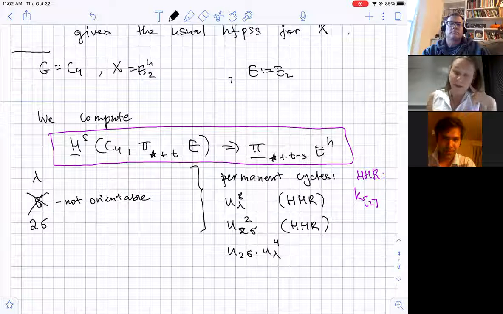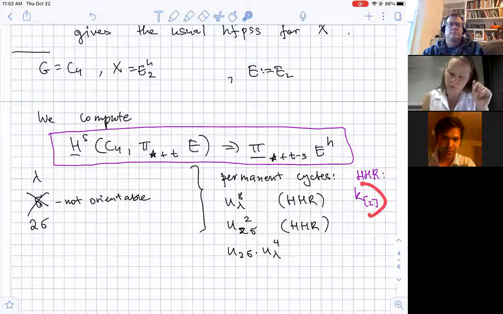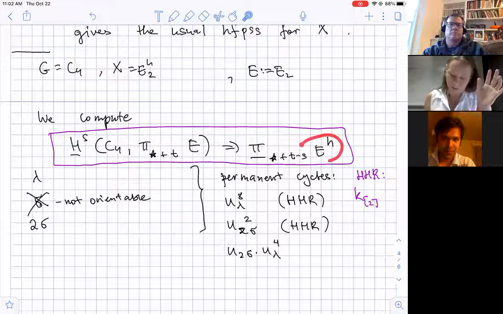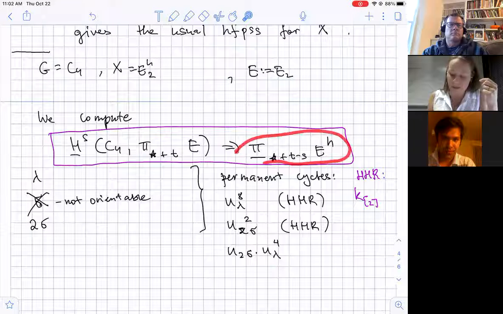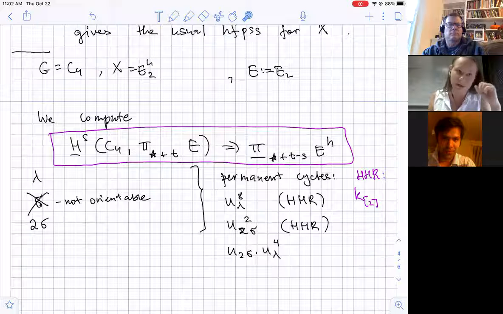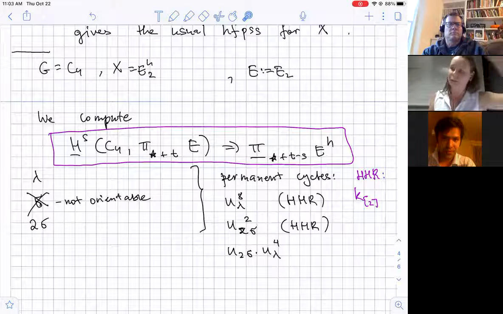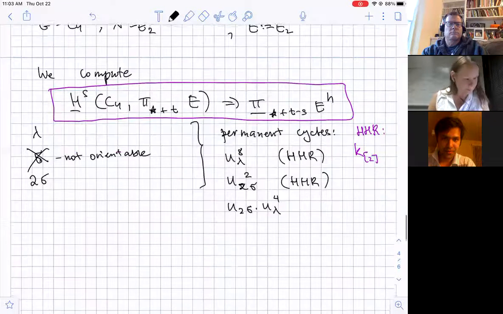The last one does not, because it's a class for which the differentials for K2 and for eCHT4 are different. This class supports a D5 differential in K2, so it's not a permanent cycle there, but it becomes a permanent cycle in this spectral sequence because the target of that D5 is gone. Then you just show that it doesn't support a D7, and for sparseness reasons it becomes a permanent cycle. Great, so these are our permanent cycles.